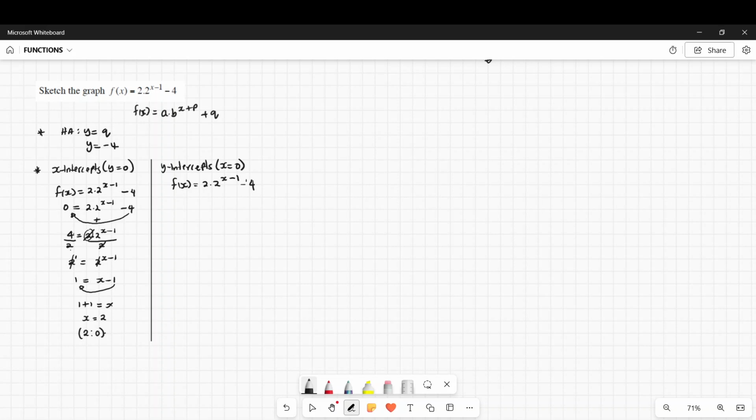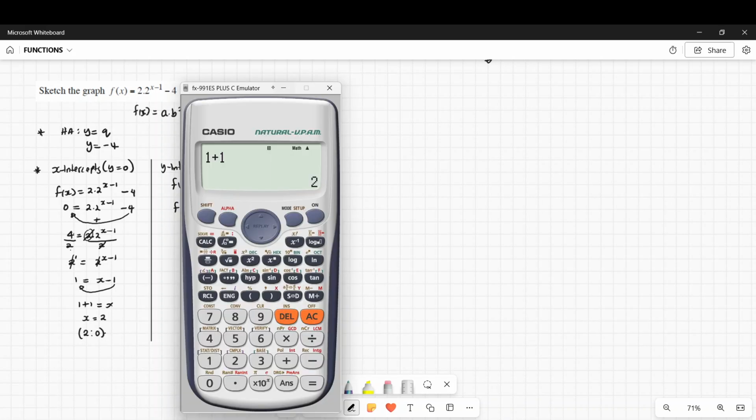So f of x is equal to 2 times 2 to the power of 0 minus 1, minus 4. Easy as that, you can just take your calculator quickly.